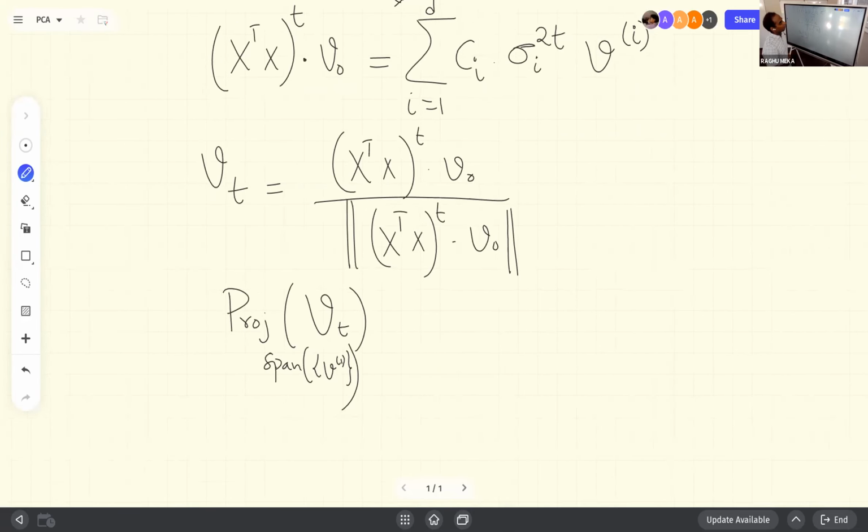Okay, so if I want now to compute the projection of my v_t to the span of the first singular vector, what is it? Any guesses? So I'm giving you its expansion in an orthonormal basis, right? And I'm asking you what's the projection onto the first vector in this orthonormal basis? What is it exactly?